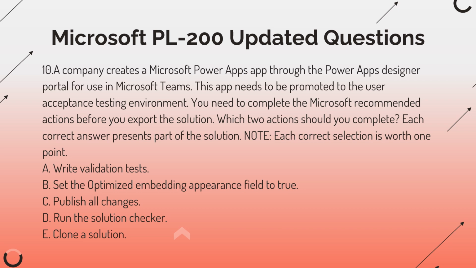Note: each correct selection is worth 1 point. A. Write validation tests. B. Set the optimized embedding appearance field to true. C. Publish all changes. D. Run the solution checker. E. Clone a solution.